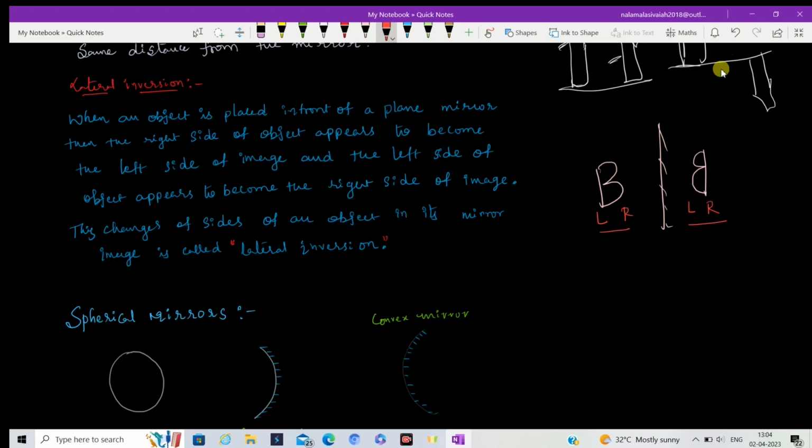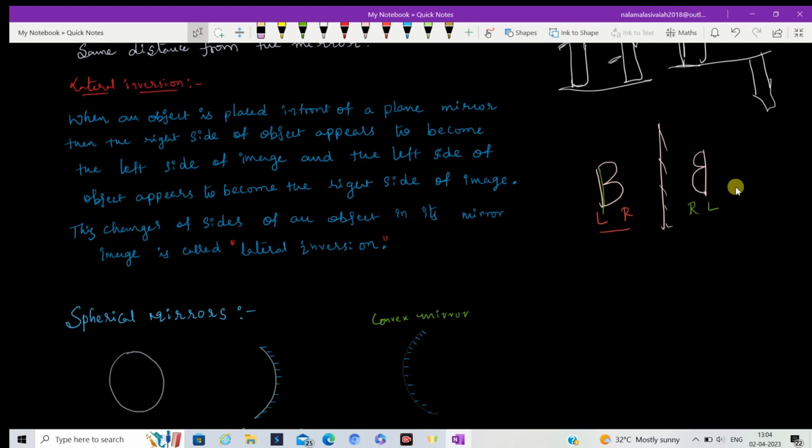But you can see here, the main point is whatever the order you followed, here it is left, right. Left is this side, but here what did it become? This is the left, this is the right, okay?